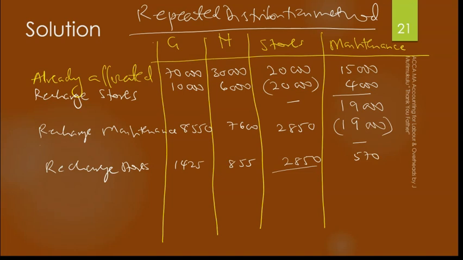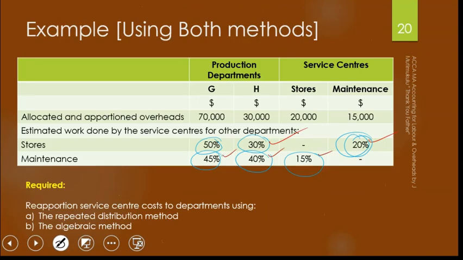Okay, once you reach that, you can see that here there's a 0. Then we have to deduct the 570 from the maintenance department, so that we are left with a 0 here. So then we have to share the 570. So we have to recharge maintenance. You can see that this is a repeated distribution. So maintenance, how do we recharge? We have to be led by the question.